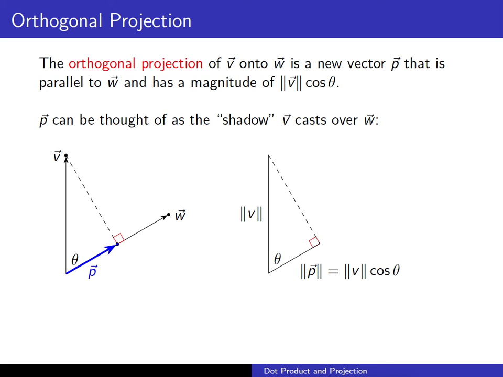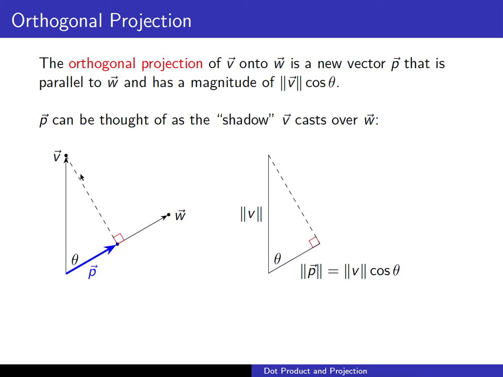So let's look at it as a picture. Here we have vector v and vector w. They share an initial point, the angle between them. And here's the vector that we're talking about for the orthogonal projection. Now you can think of this blue vector, this orthogonal projection vector, which we'll call p, I guess, for projection, as a shadow that vector v casts over vector w.